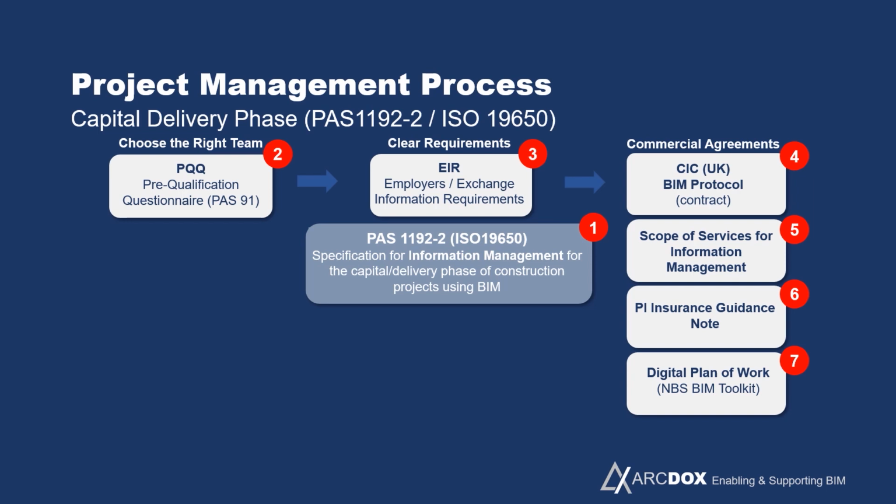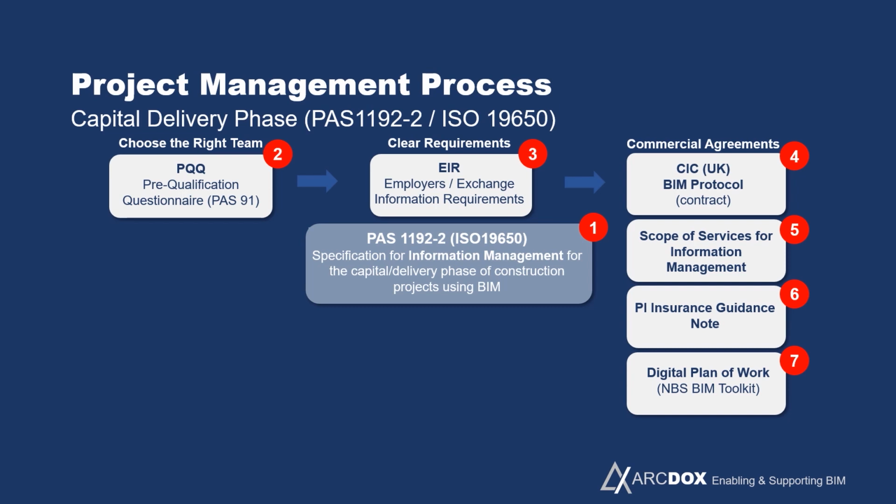A BIM protocol is a standard form that works with standard forms of contracts or standard appointments to basically, it's the legal requirements around BIM, such as roles and responsibilities, etc. So we'll talk more about that in a coming slide. But as a project manager, you need to make sure that that occurs.